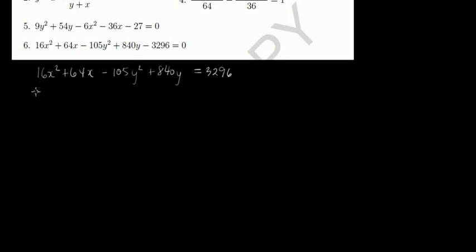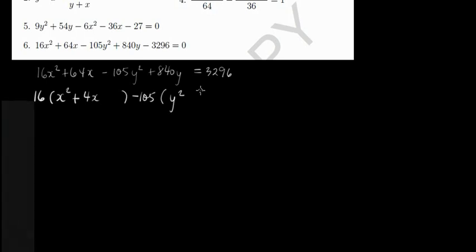So, let's factor out 16. So, we have 16 times x squared plus 64 divided by 16 is 4x. And then let's have negative 105 times y squared. Now, what's 840 divided by 105?